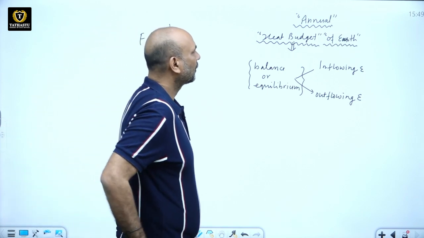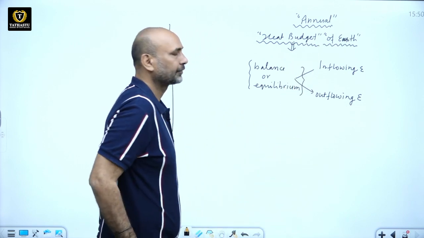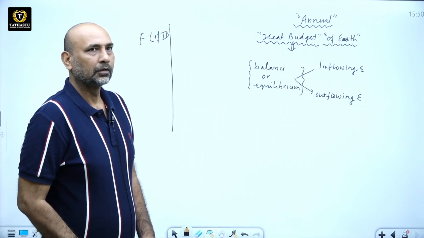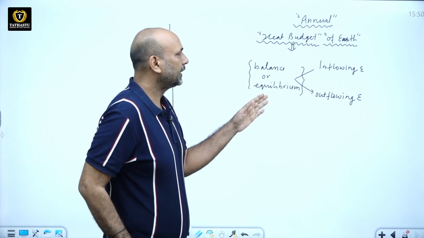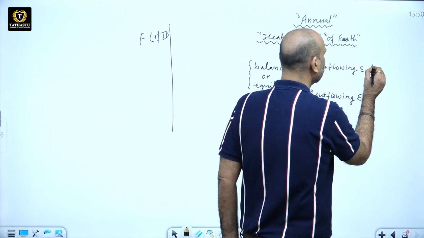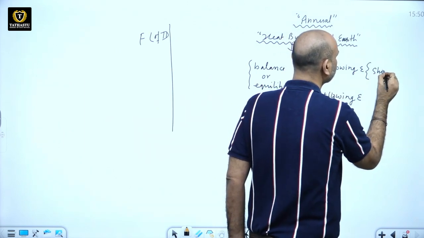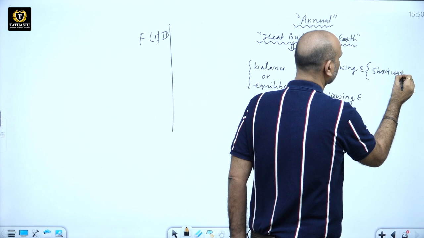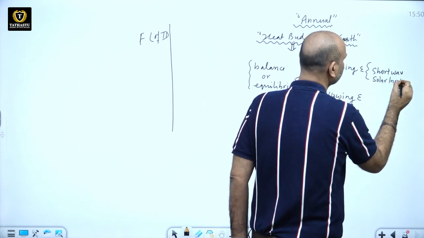So now we are studying annual heat budget of Earth. That is a balance or equilibrium between inflowing energy and outflowing energy. What is the form of inflowing energy? That is called inflowing short wave solar insolation.